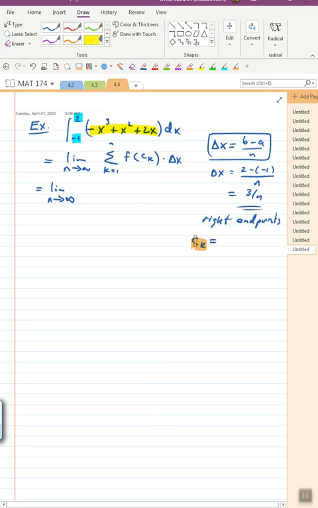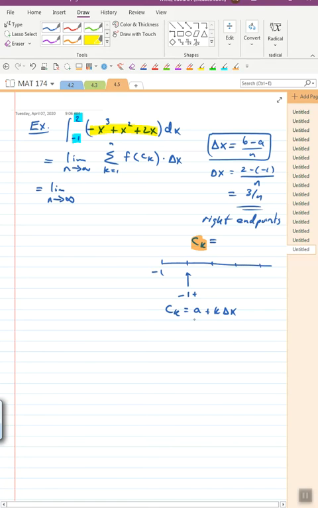Anybody have this? Okay, Ethan says a plus k delta x.